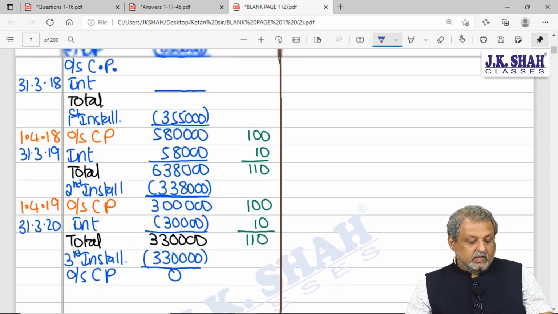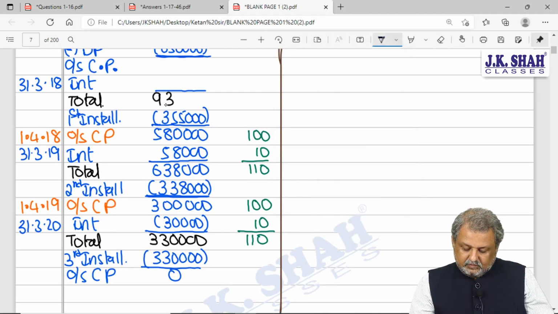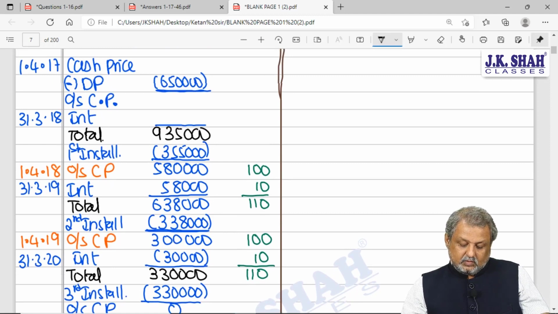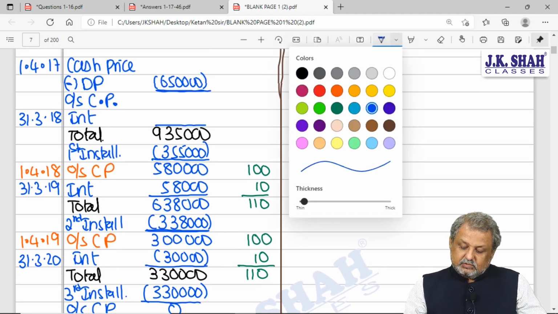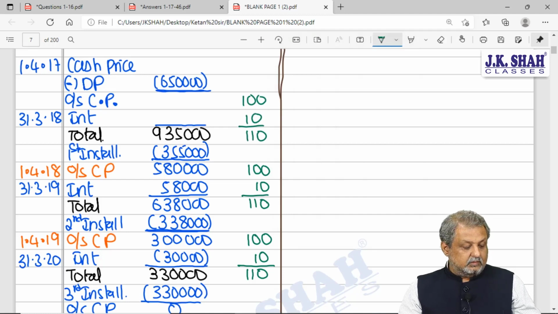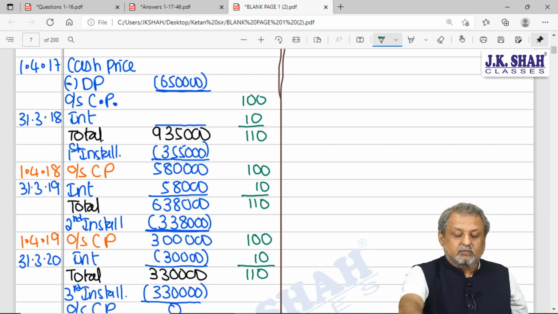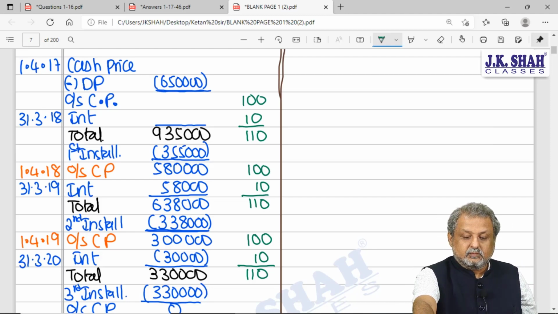So 5,80,000 plus 3,55,000, 9,35,000. So now the outstanding cash price is 100, 10, 110. So interest is 85,000. Correct, no?